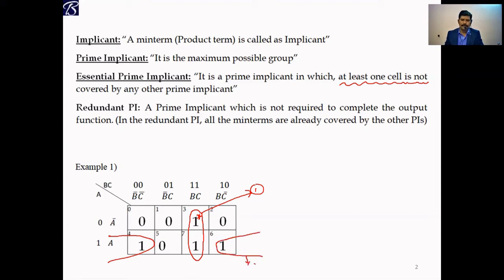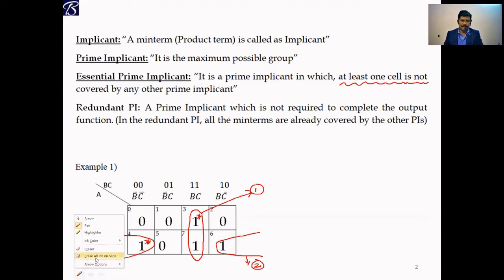So this is the second essential prime implicant, because for cell number 4 to group, only one possibility is there. And one more possible prime implicant is there, cells 6 and 7, which we can group, but that is not an essential prime implicant.